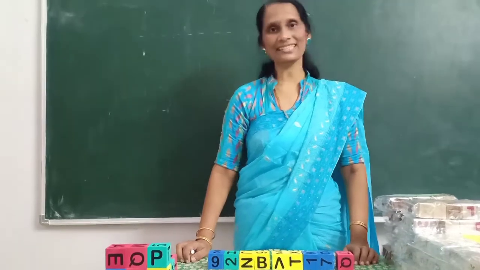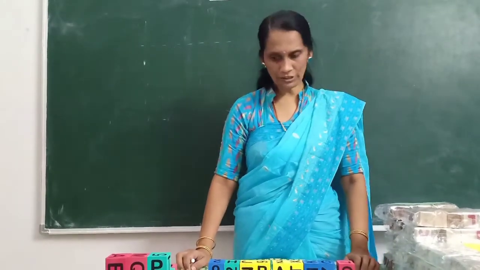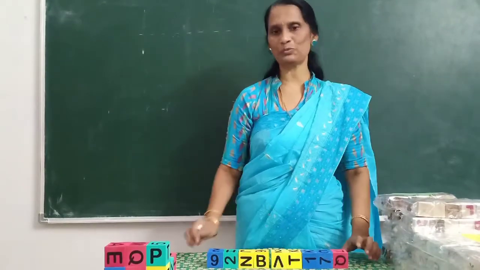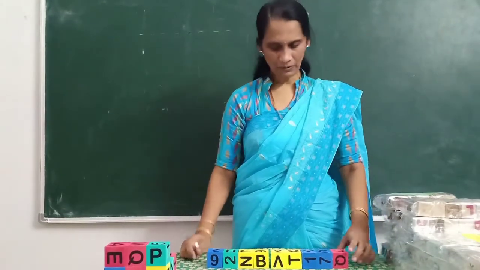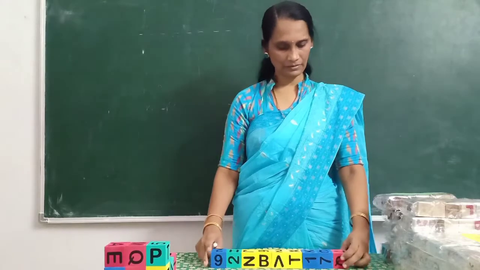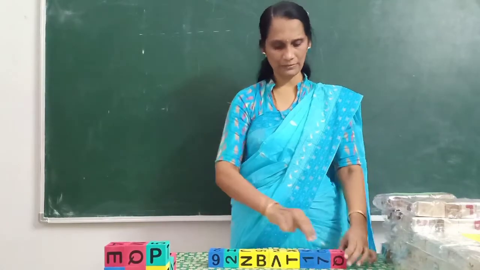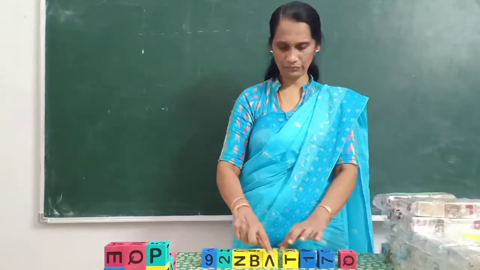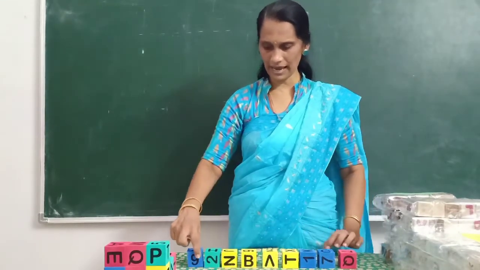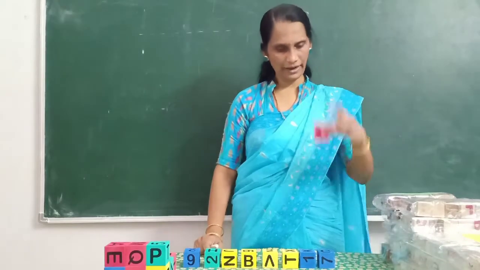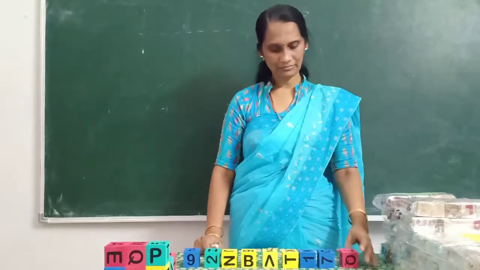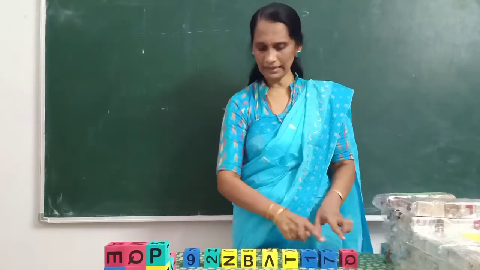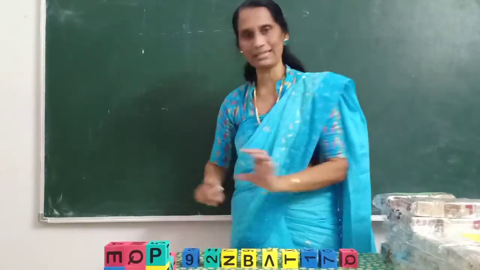To teach you this concept, I have brought some cubes along with me. With the help of these cubes, let us learn the concept. Here, there are 9 cubes I have taken. 1, 2, 3, 4, 5, 6, 7, 8 and 9 cubes. So 9 ones are there.